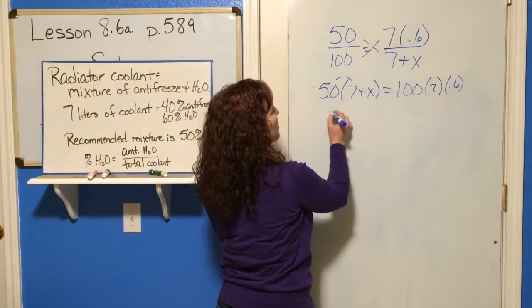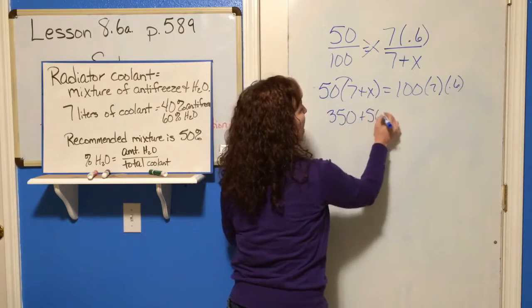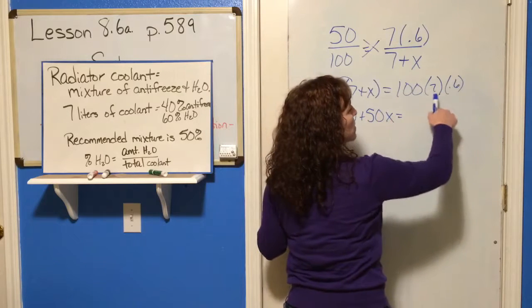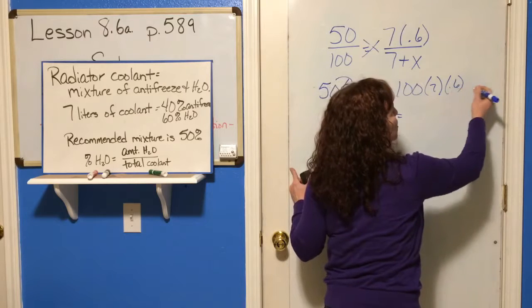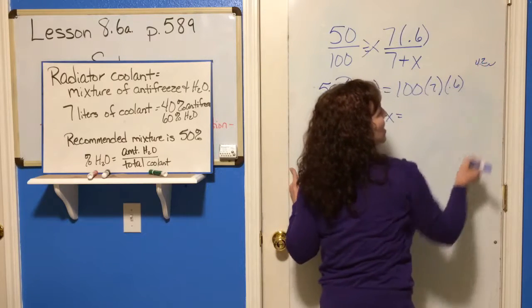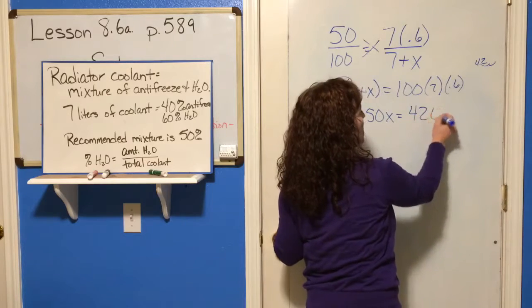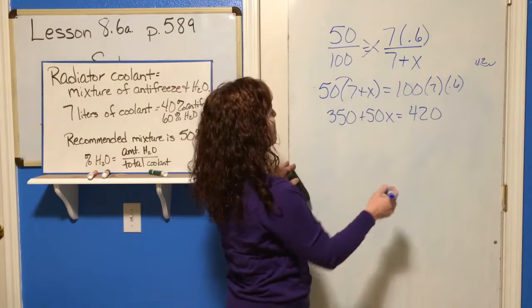So 50 times 7, 5 times 7 is 350 plus 50x equals, let's do it this way. 7 times 0.6, 7 times 6 is 42, so 4.2 times 100 is going to move that decimal 2 places, so 420. Are you doing it quicker than I am? You very possibly are. Good job.